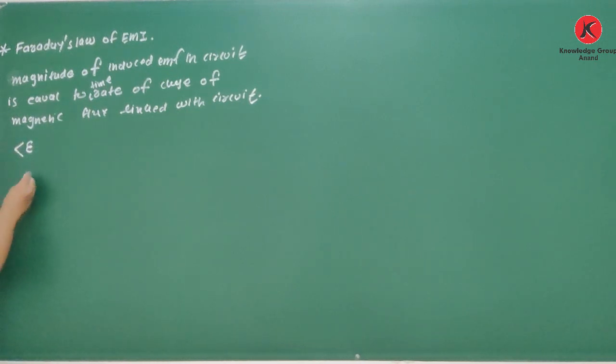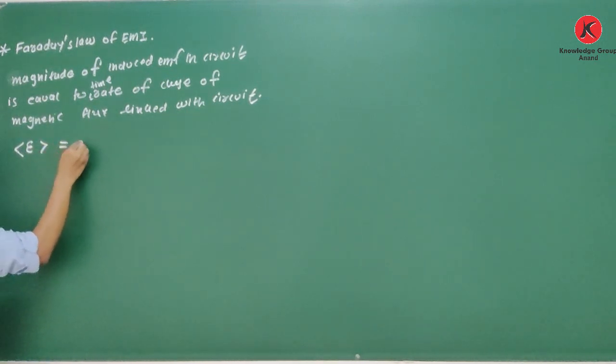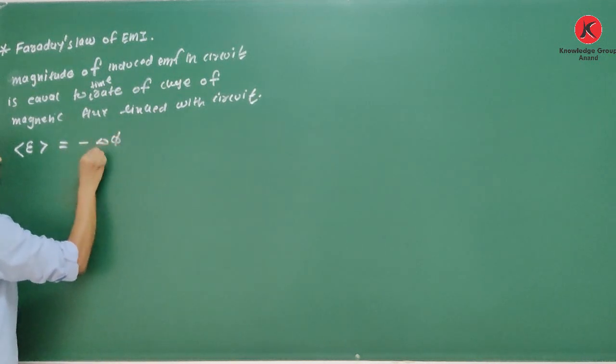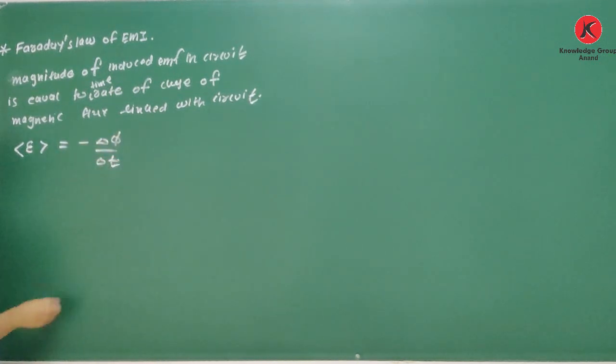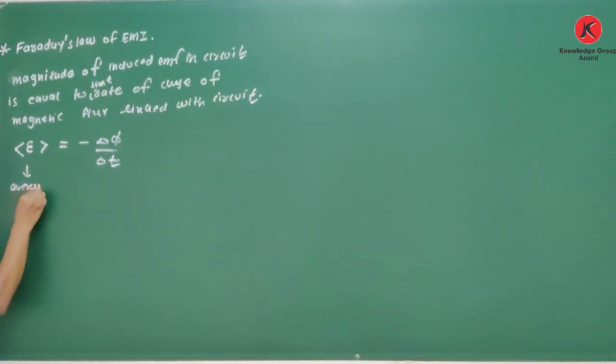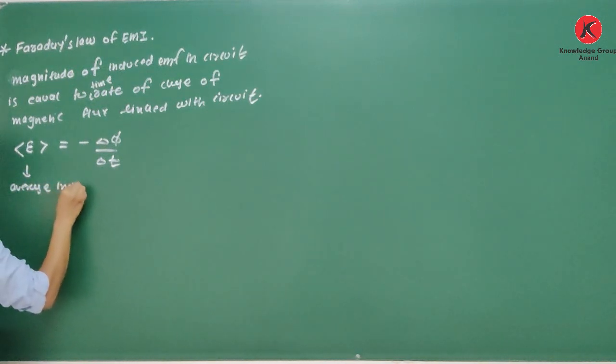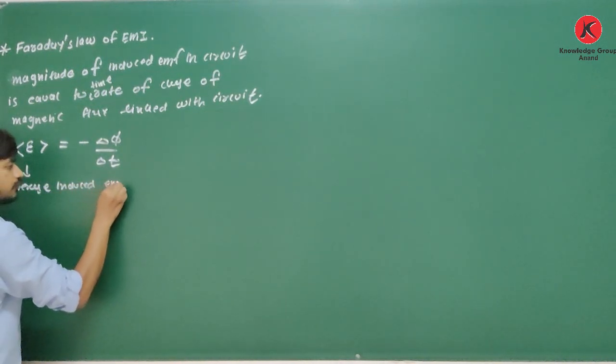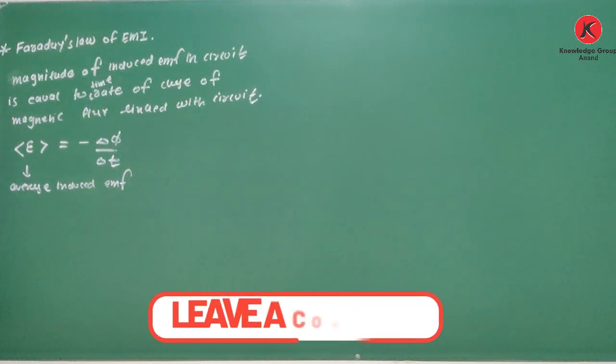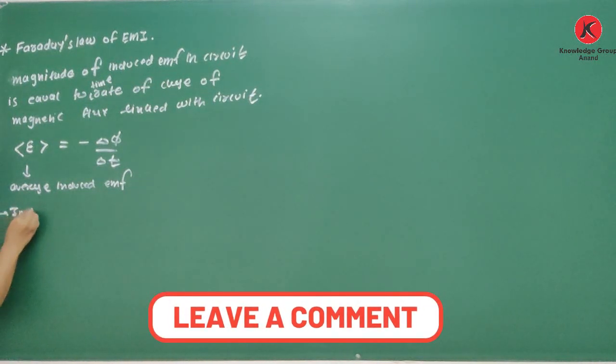How to find average EMF? It is equal to minus delta phi upon delta t. Here it is average induced EMF.